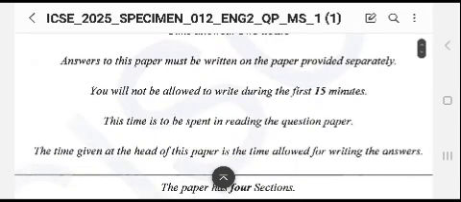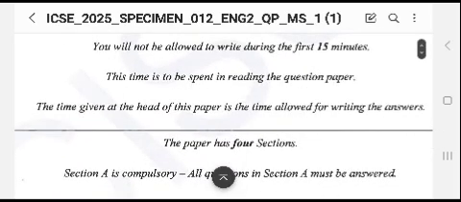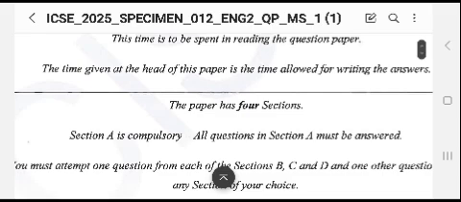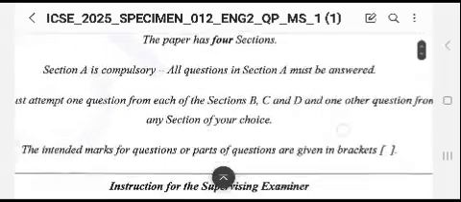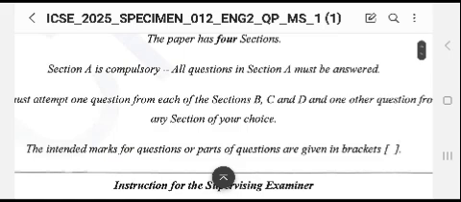Then the time is only 2 hours, and just below that you can see the paper has 4 sections. Section A is compulsory, that is, all questions in section A must be answered. It is clearly written, and you must attempt one question from each of the sections B, C, D, and one other question from any section of your choice.